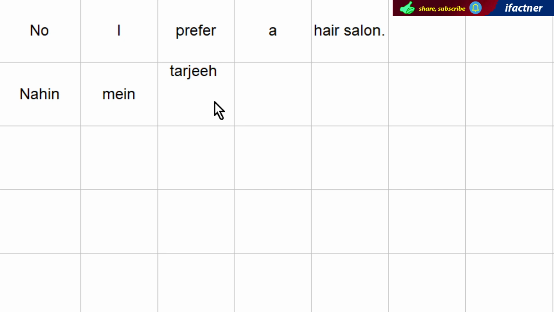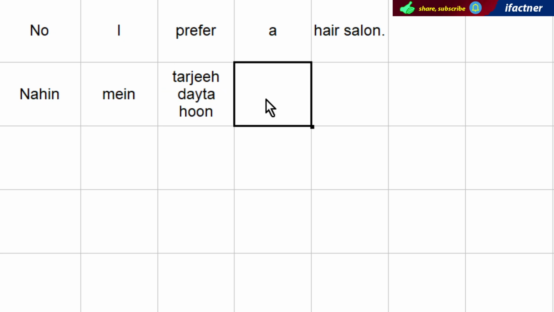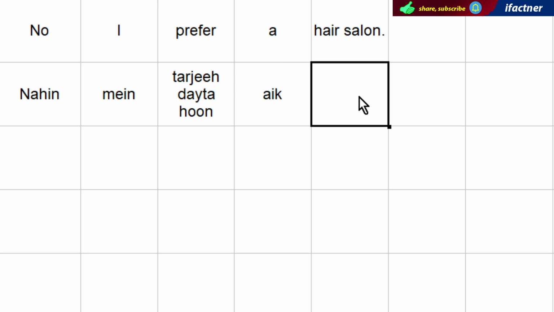Yeah, you can simply say prefer करता हूँ. But here, if we want to specifically translate it in Urdu, then we say तरजीह देता हूँ for male or तरजीह देती हूँ for female. A can be translated as एक, and hair salon is बालों का saloon, or we can say hair salon.